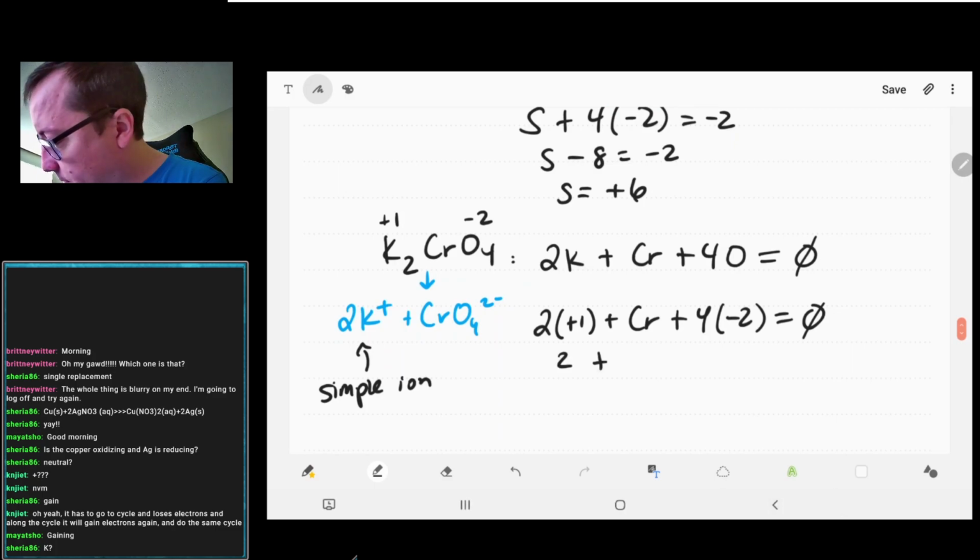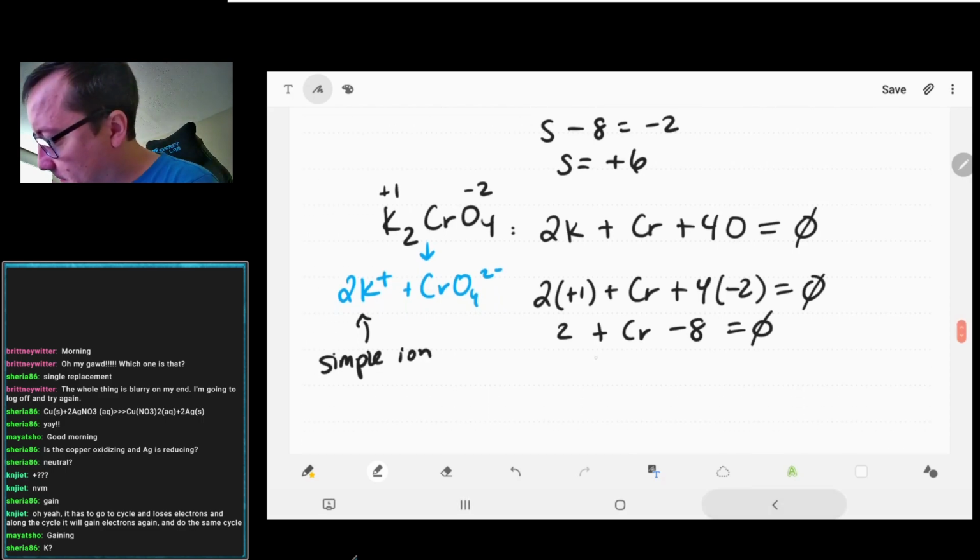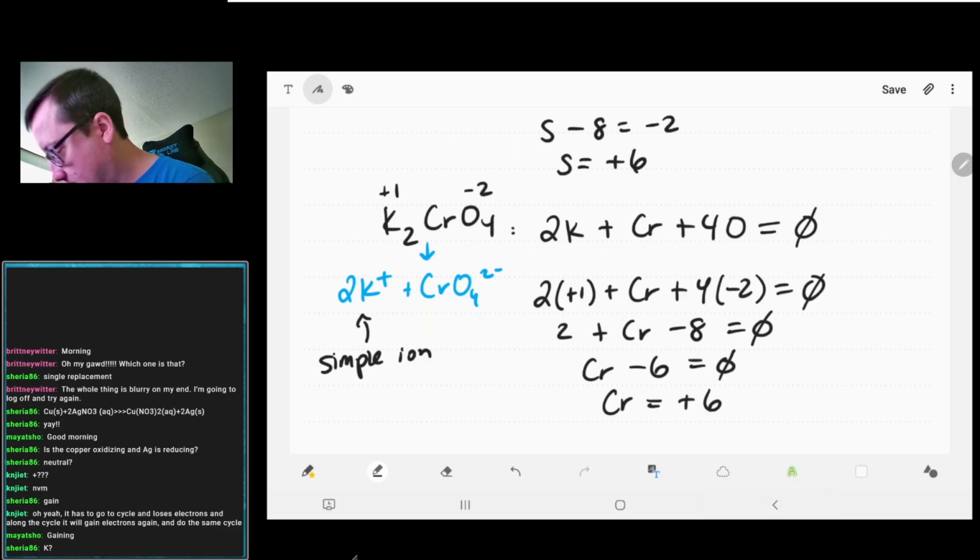We do that: 2 plus chromium minus 8. So in this case, chromium is also going to be +6 for its oxidation state. So we would write it right here, +6. There we go. We have figured out the oxidation numbers of all the elements in this compound.